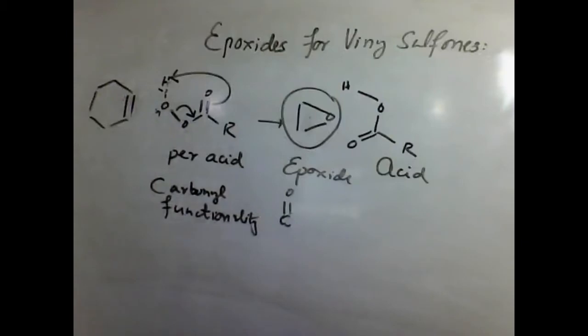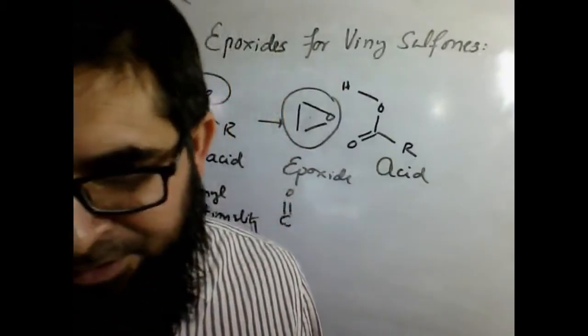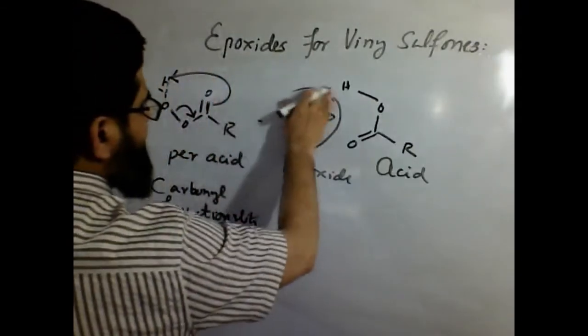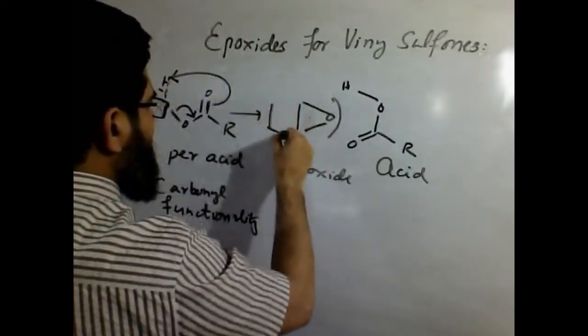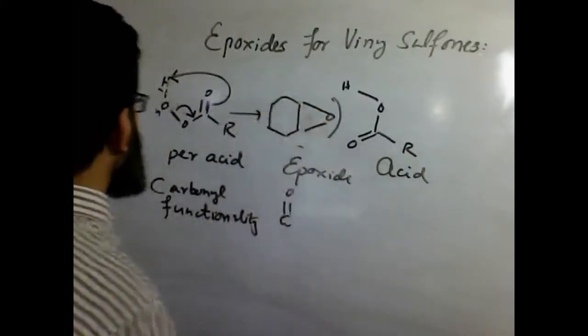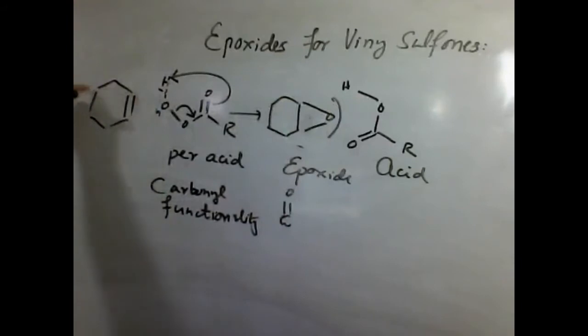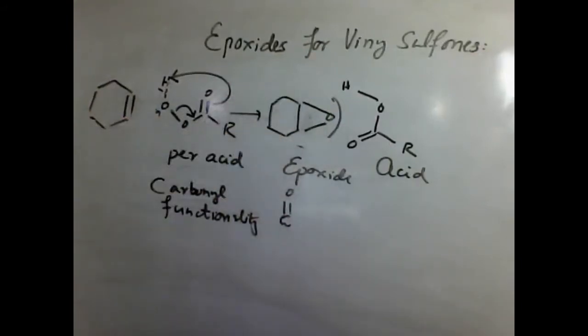So if they are in the form of rings, they are supposed to be the same in the product, because only the double bond has to react with the oxygen from the peracid. The rest of the substituents have nothing to do, they will remain as such. So this is how you can produce epoxides.